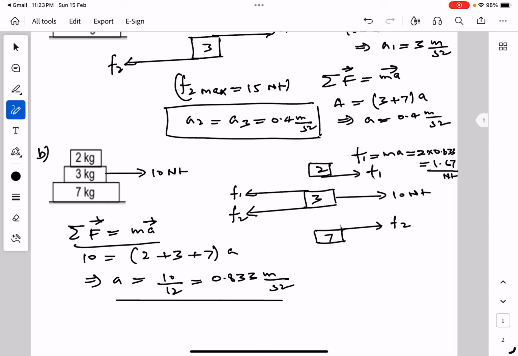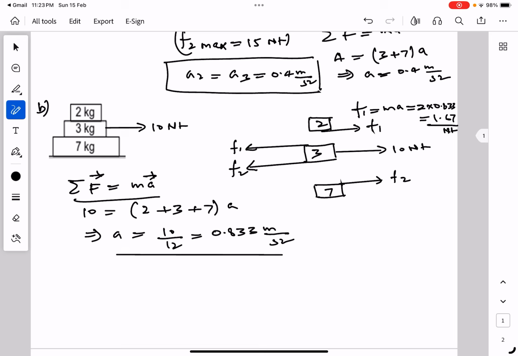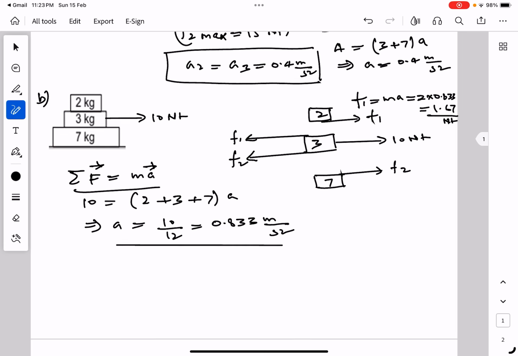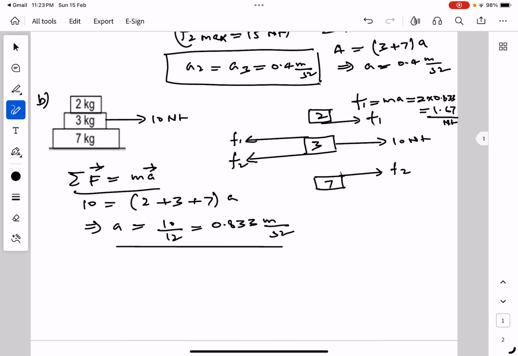And since available static friction force of 4 Newton is greater than this 1.67 Newton, so there will not be any relative motion between 2 kg and 3 kg block. So now let us find out the friction force which 7 kg block will require for having this acceleration A equal to 0.833 meter per second square. So this will be equal to m into A. M is 7 and acceleration is 0.833.